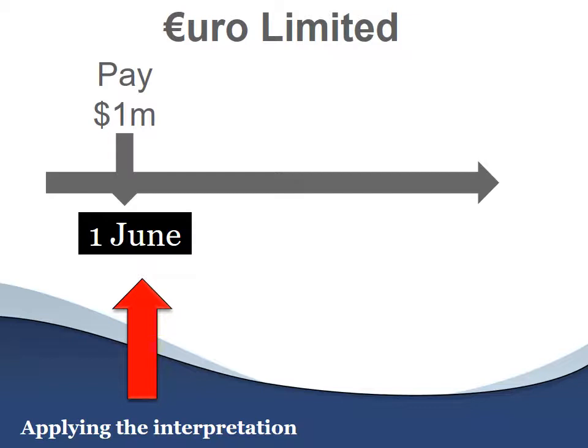So I must use the rate of exchange that was ruling on the 1st of June for the recording of the prepayment that I've made, the asset that I've created in my books.